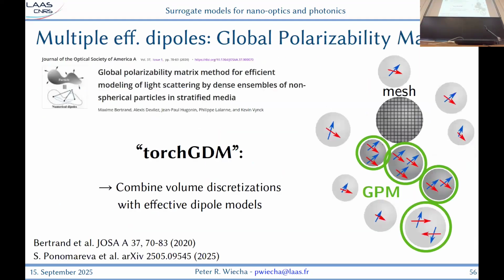So we have experimented for the last 1.5 years. We implemented a coupled dipole model within PyTorch. In addition to just being automatically differentiable, we also mix different types of coupled dipoles. We can use these dipoles to discretize a nanostructure to have access to the internal fields, for example. But we can also couple the same structures to effective dipoles or effective models composed of several effective dipoles, if we have larger structures, for example.